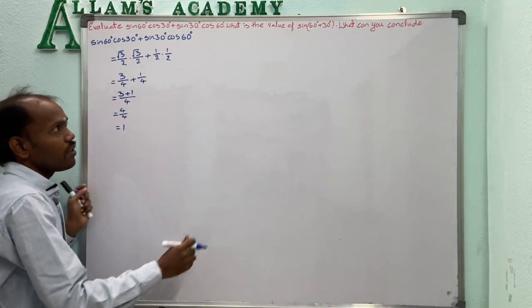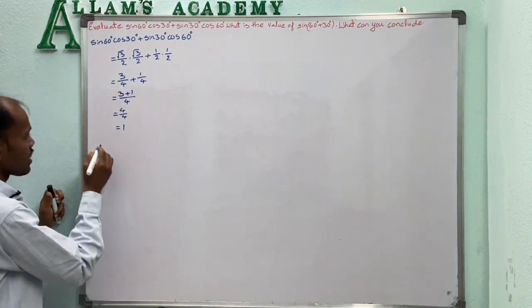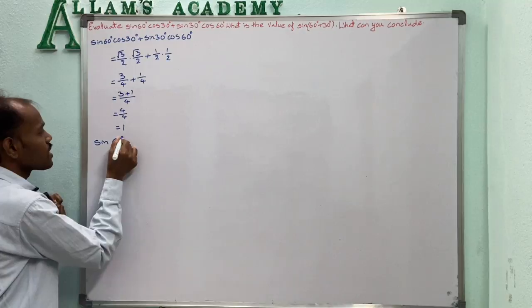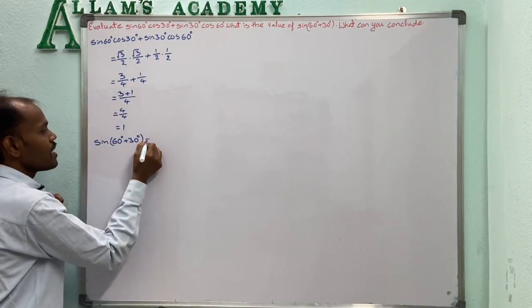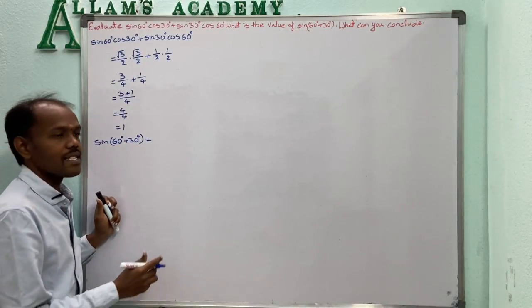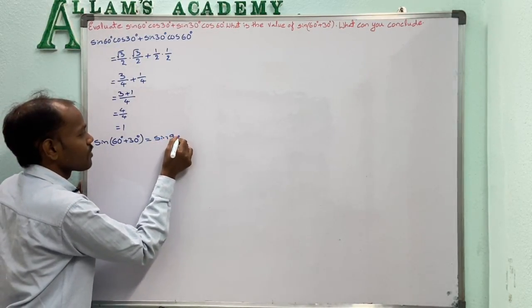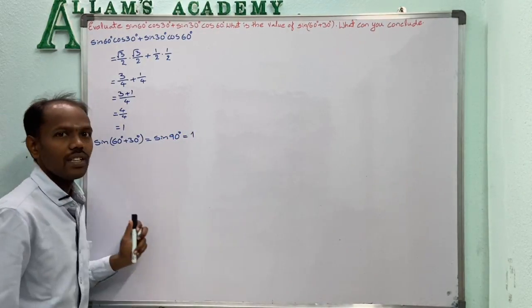Okay. Now we find the value of sin of 60 degrees plus 30 degrees. 60 degrees plus 30 degrees is nothing but 90. So sin 90 degrees value is nothing but 1.